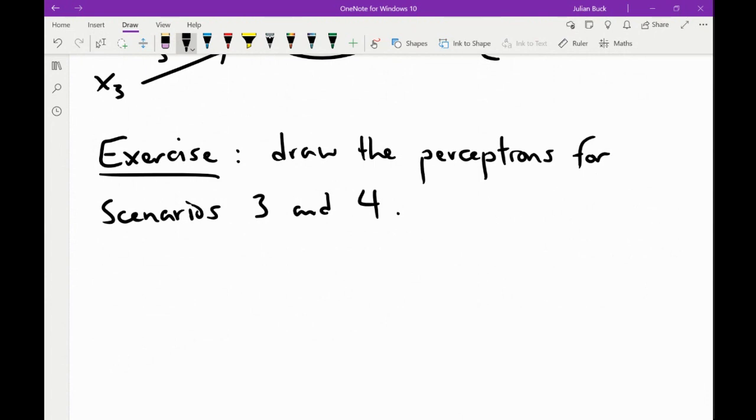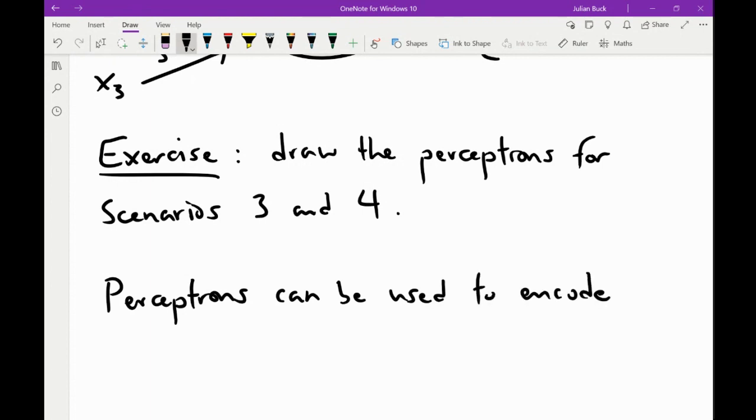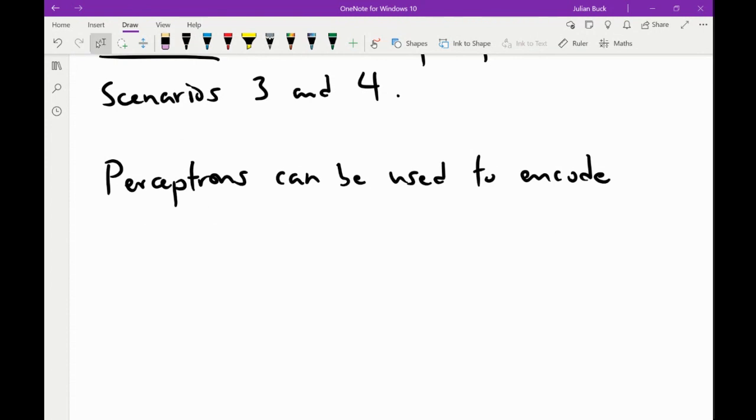All right, but rather than do those ones and keep repeating the same stuff over and over again, let's look at a new example. One general application of perceptrons is that they can be used to encode logic functions in computing.